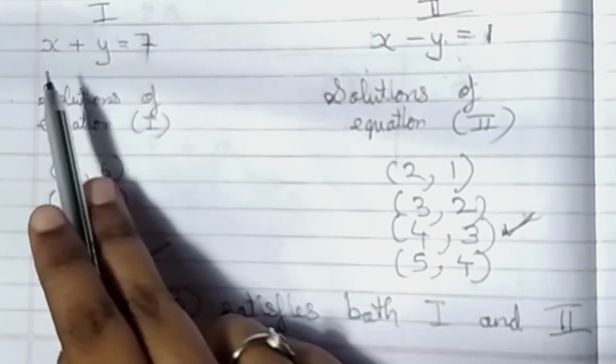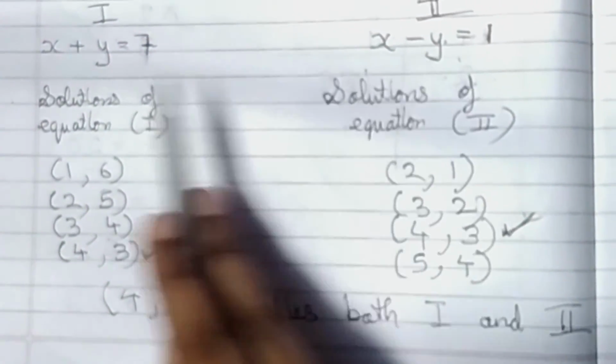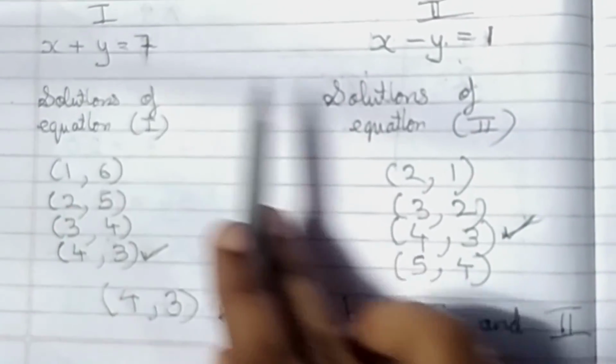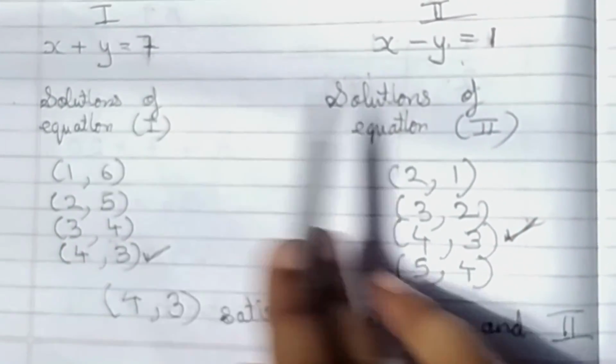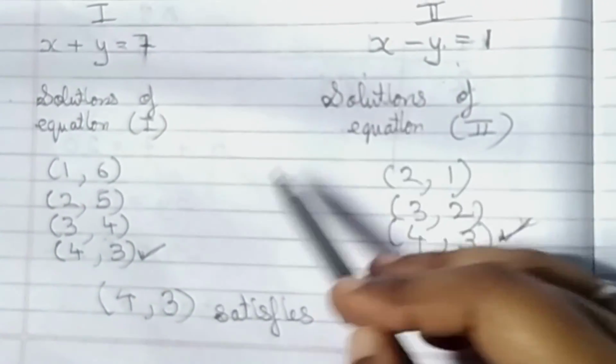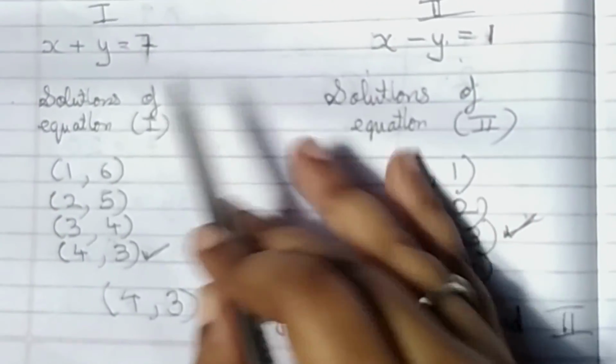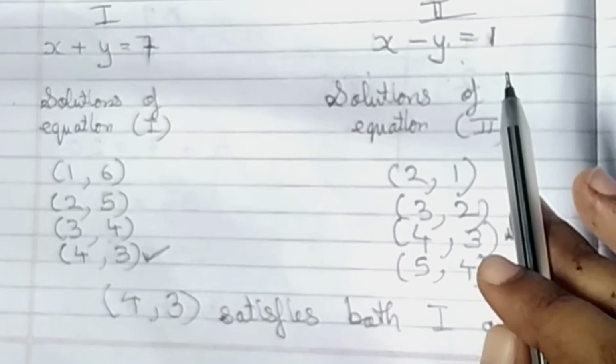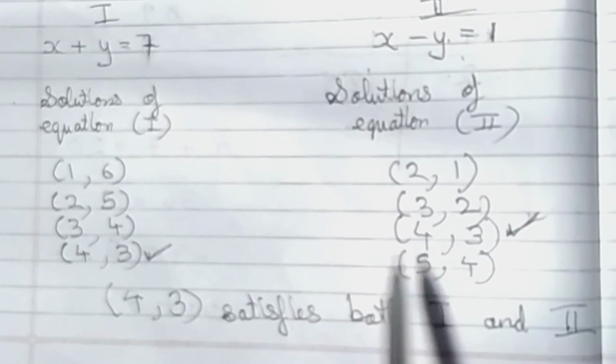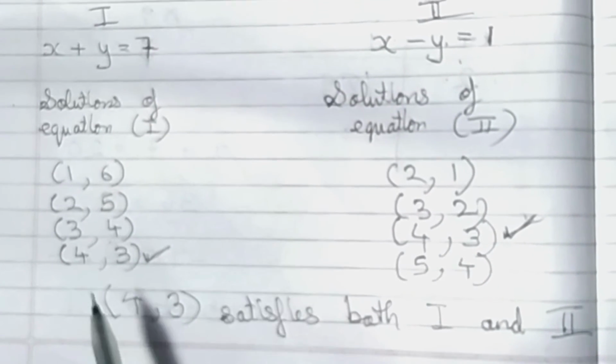When we consider two linear equations in two variables, here both the equations are linear equations in two variables, and we solve them simultaneously, at the same time, we will get a unique common solution.